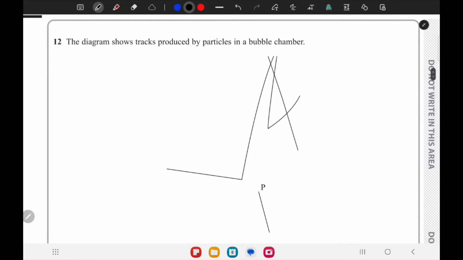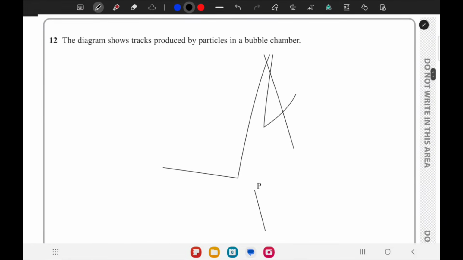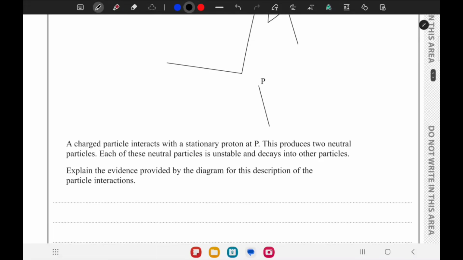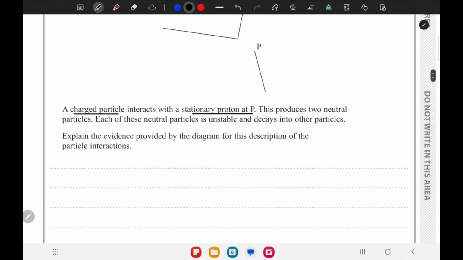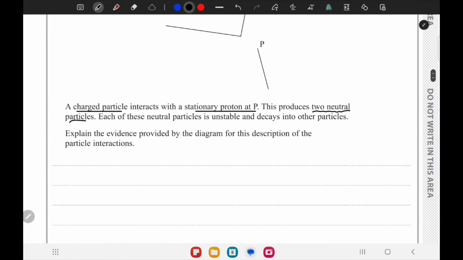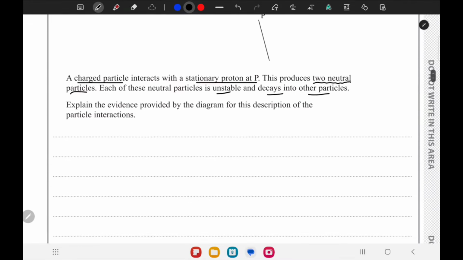In question 12, we are given tracks produced by particles in a bubble chamber. We are told that a charged particle interacts with a stationary proton at P, which produces two neutral particles. Both of them are unstable and decay into other particles.